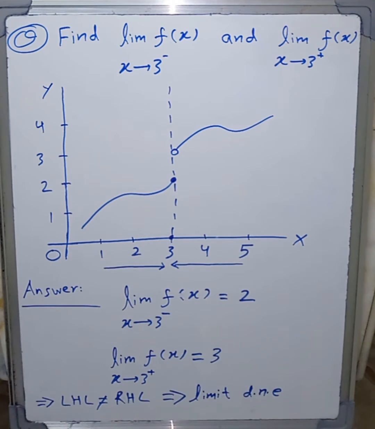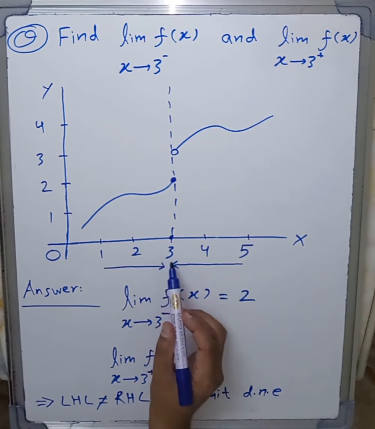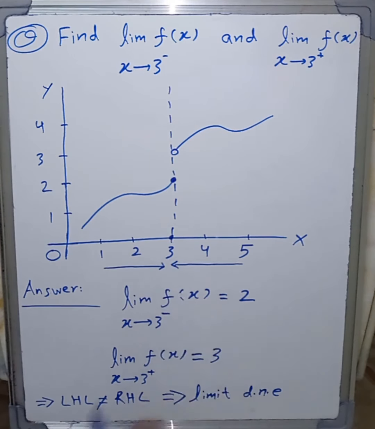We are not bothered about it. The function may be defined at 3 or may not be defined at 3. Doesn't matter. What matters is what is happening at the left side and what is happening at the right side. We are not interested in what is happening at that point.